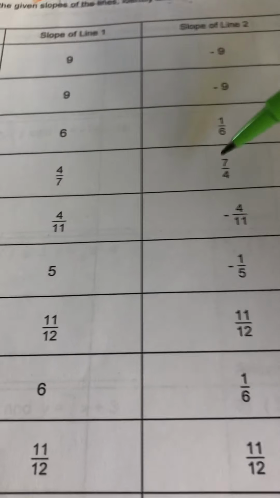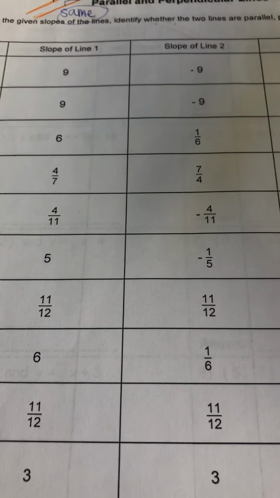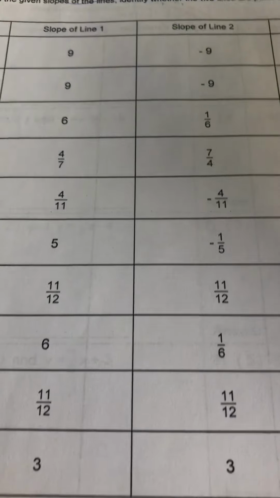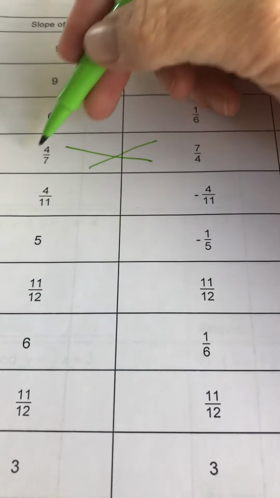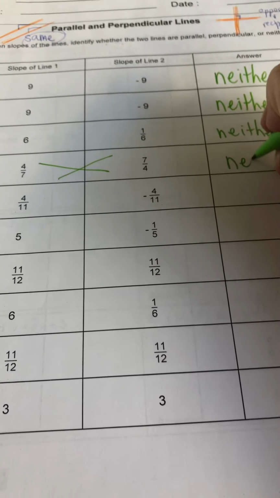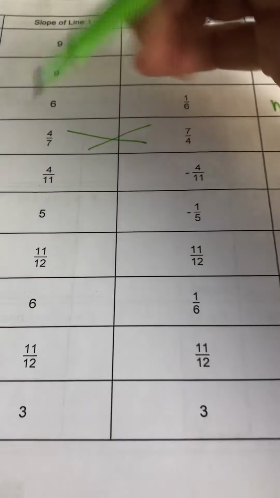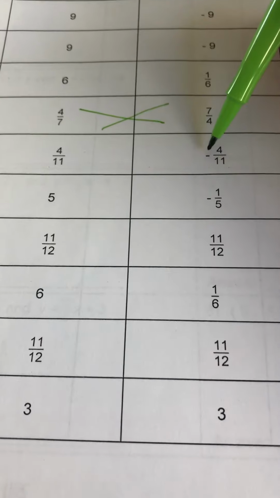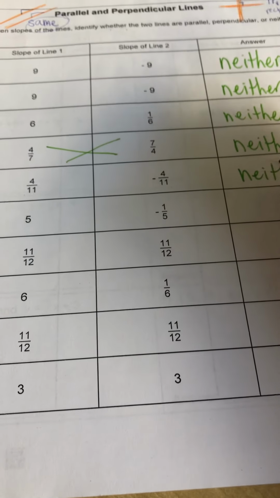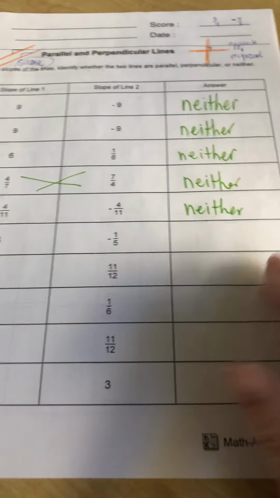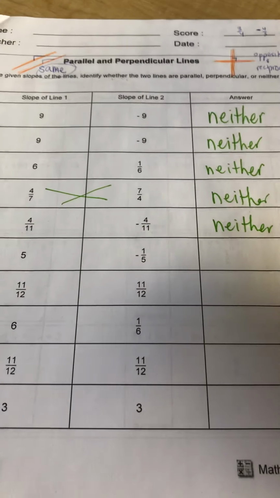What do you think about these next two? Once again, we can see they are reciprocal, 4/7 and 7/4, but they're both positive. And this next one, one's positive, one's negative, but they're not reciprocal. Oh, Cooper, why are they all neither? Sorry, it's just what happens.